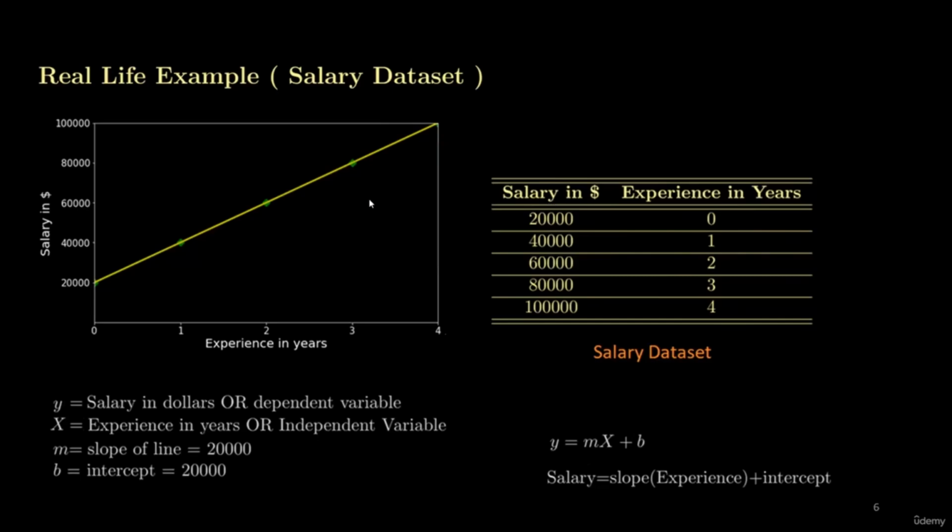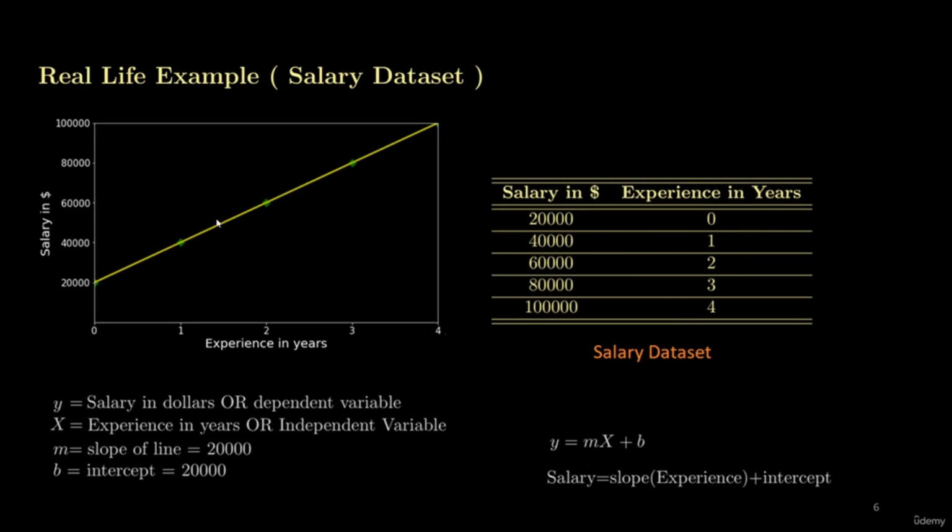How has it learned the relationship? Basically, it has learned that when the experience is 0, the salary is 20,000, and when the experience is 4 years, the salary is 100,000. And it also has learned all the values between them. So by drawing a straight line on the data points, you have trained a model and it has learned a linear relationship between the independent variable and the dependent variable.